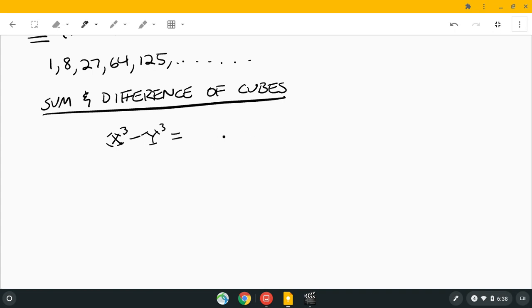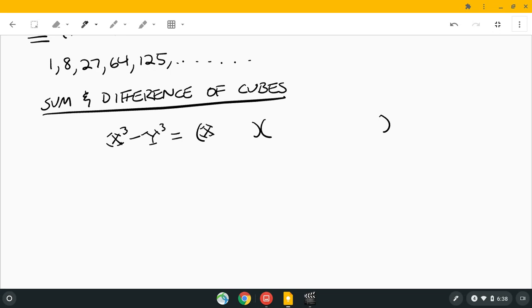So it turns out that when you factor difference of cubes and sum of cubes, you end up with a binomial and then a trinomial. When you identify what's being cubed here and here, you should be able to come up with your binomial.